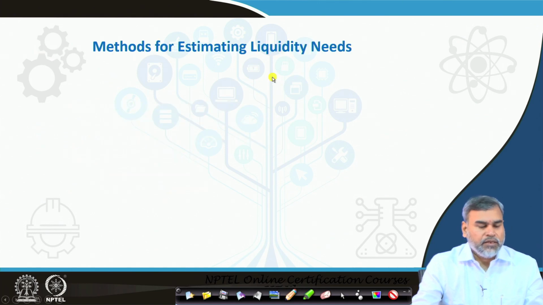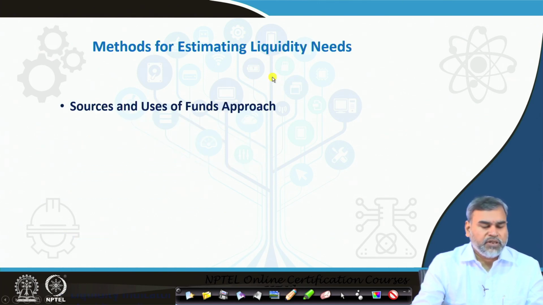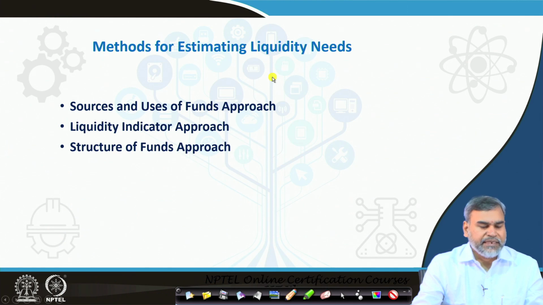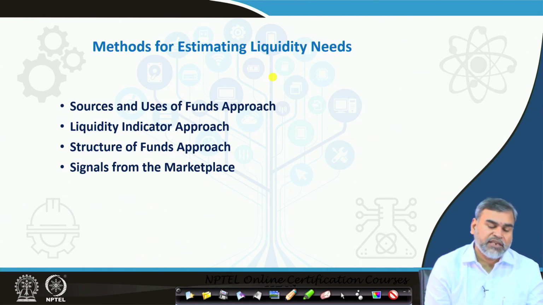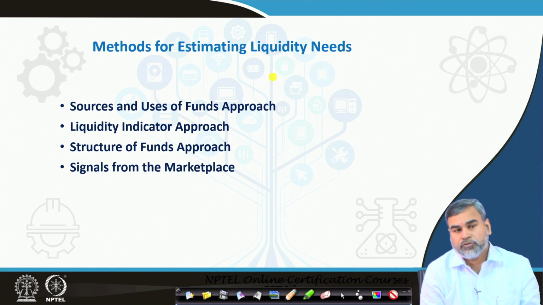Then we will see that whenever we go for the liquidity management needs, there are 4 approaches. One is the sources and uses of funds approach, we have the liquidity indicator approach, we have the structure of funds approach and we have the signals from the marketplace approach.